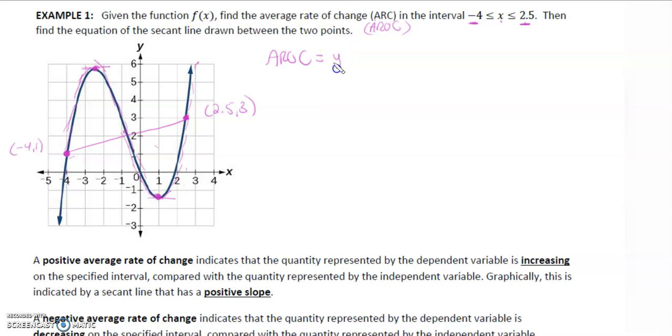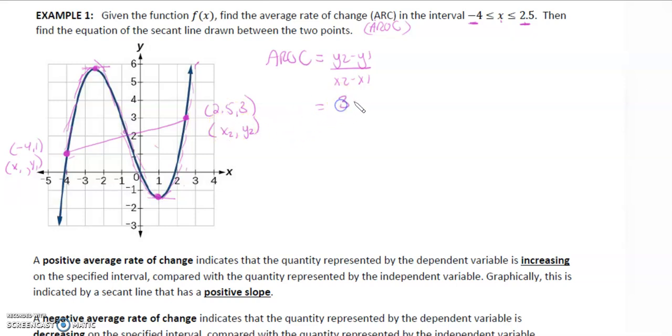So we're going to do y2 minus y1 over x2 minus x1. If you need to, go ahead and label these points: this is x and y, and we'll call this point 1, x1, y1. This is x and y, right, an ordered pair, but now we're going to call it x2, y2.